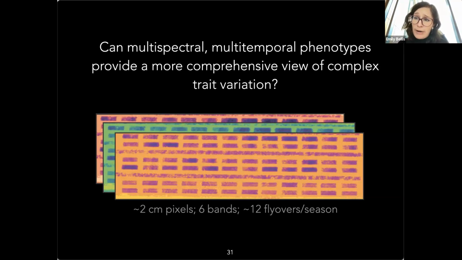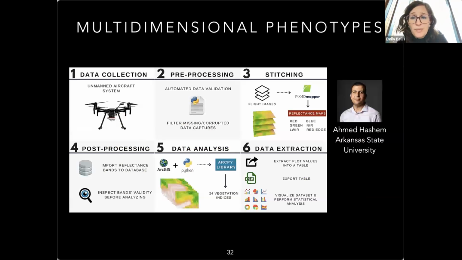The spatial resolution is about 2 centimeters, and we've got a multispectral camera plus thermal, so 6 bands. This project is also in collaboration with Ahmed Hashem at Arkansas State University. He is really the person to thank for the fantastic drone image data set that we're using for this analysis.